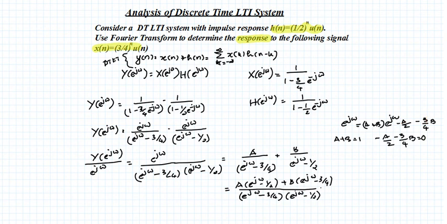Now if you solve these two equations, after simplifying, I get a equal to 3 and b equal to minus 2.